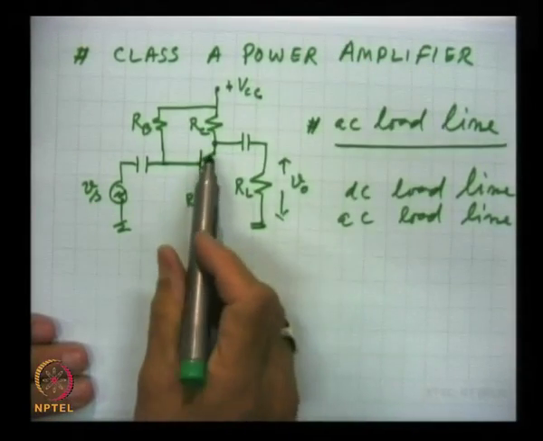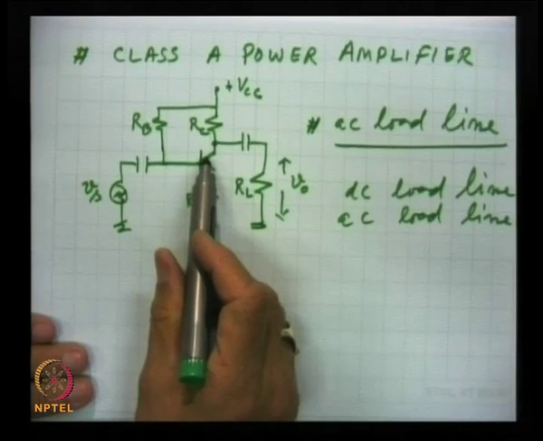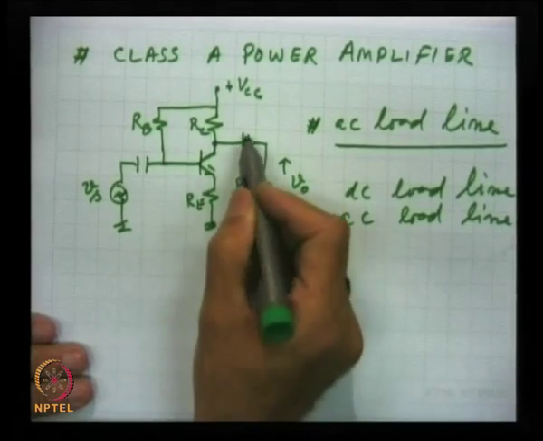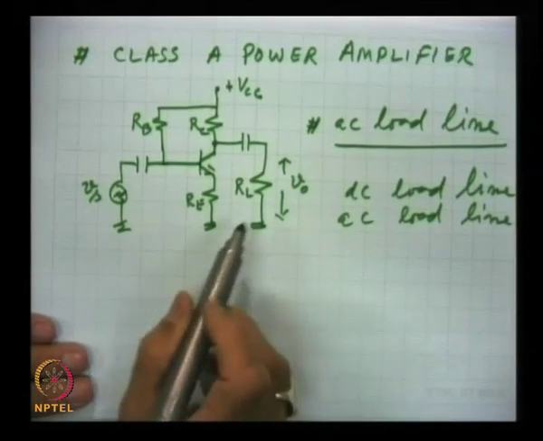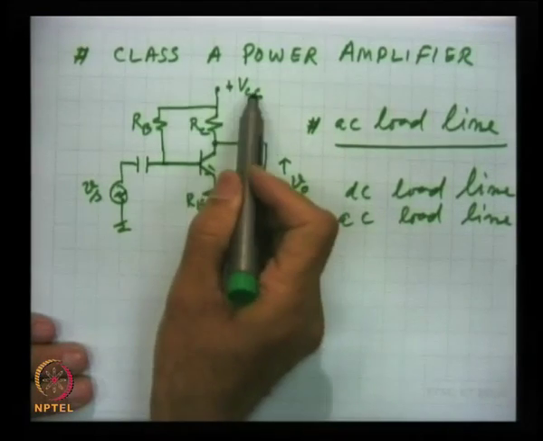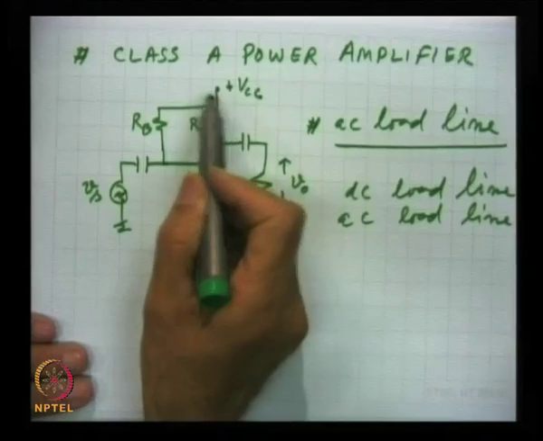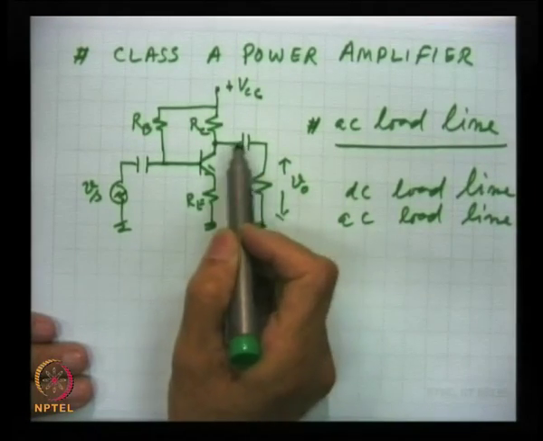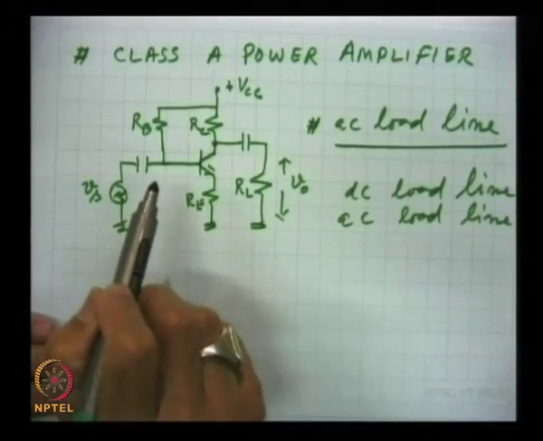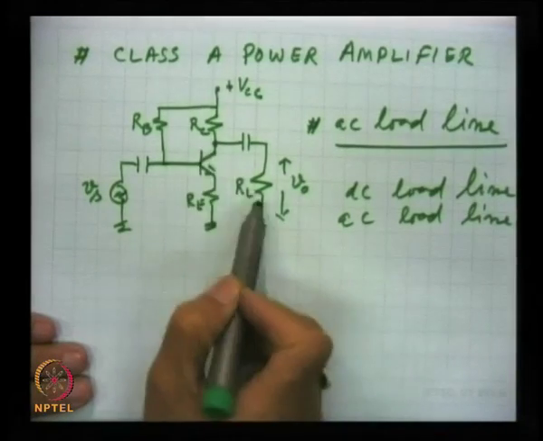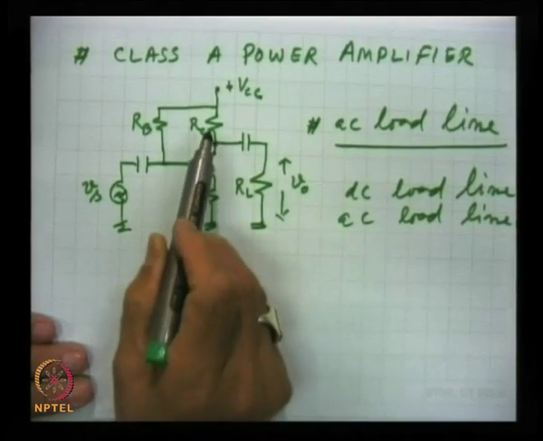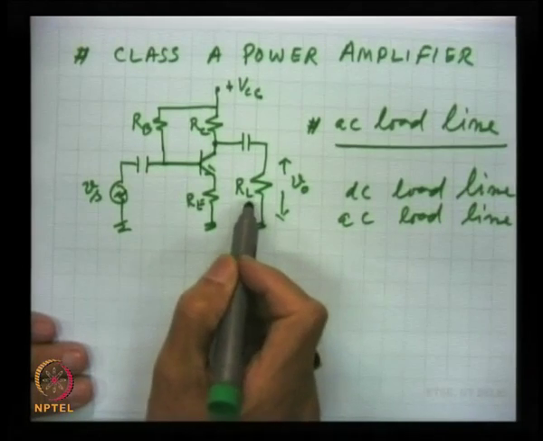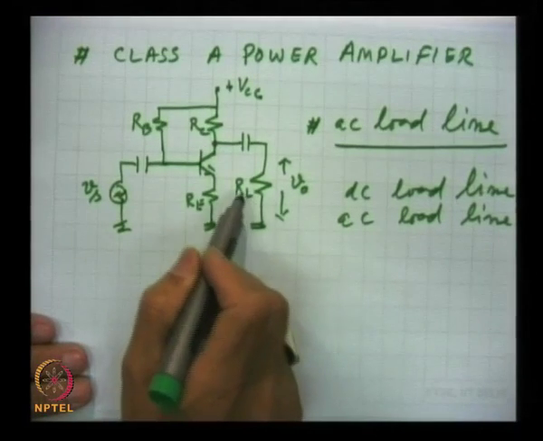So, the collector will see the resistance RC, but when we take the AC equivalent, the DC voltage sources have to be grounded and capacitors are taken as short. In that case, these two resistances, the collector resistance RC and RL, the load resistance, will come in parallel.